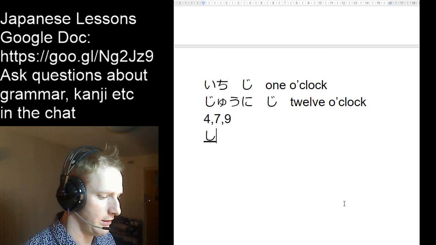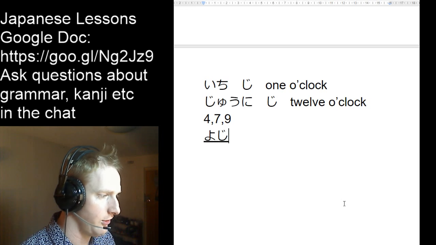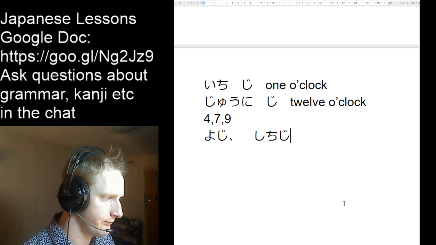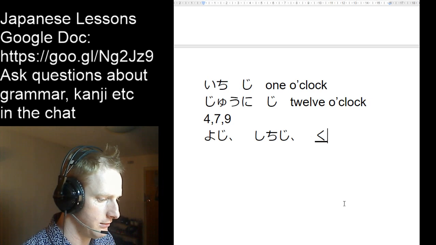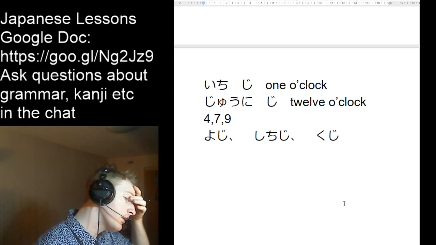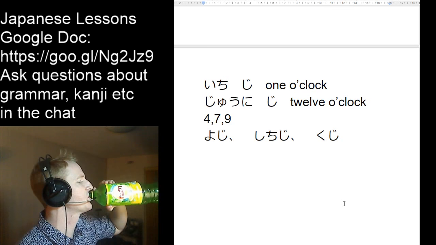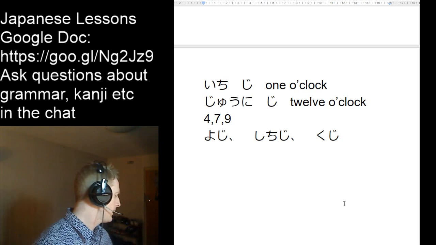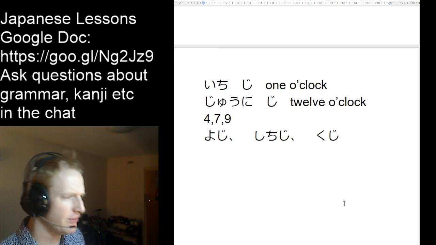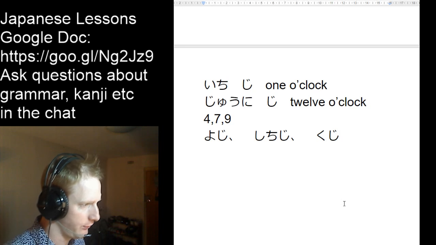And these are yoji, shichiji, and again kuji. Okay, so these are important to keep in mind. But having said that, it's not the be all and end all if you get these wrong.